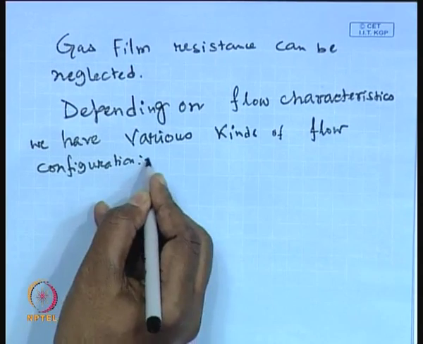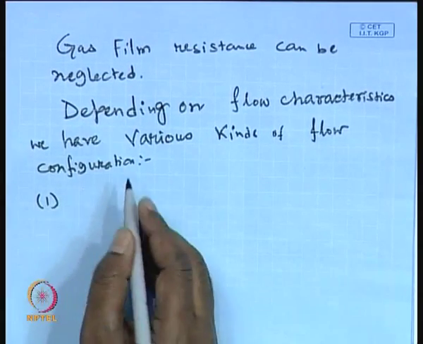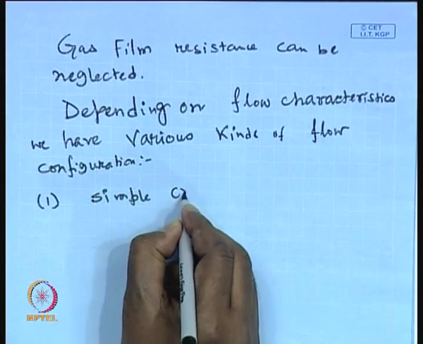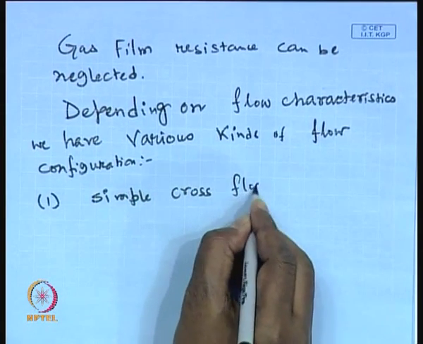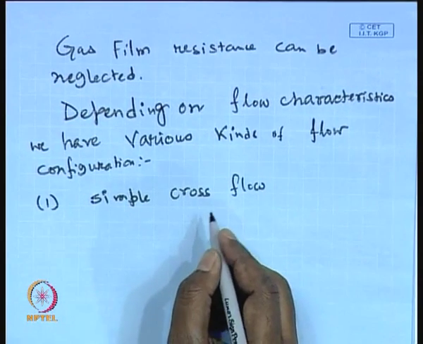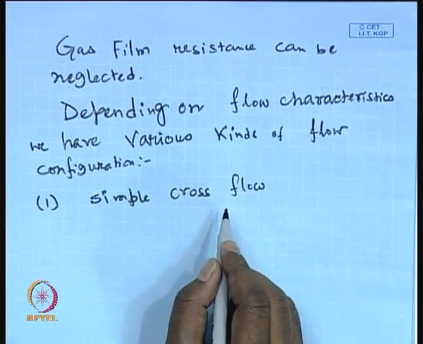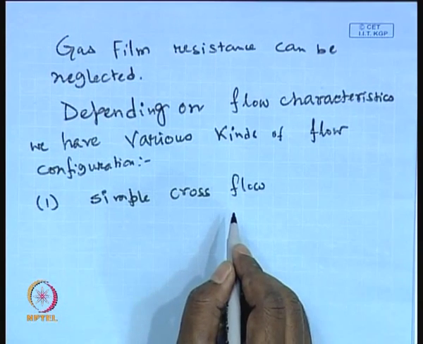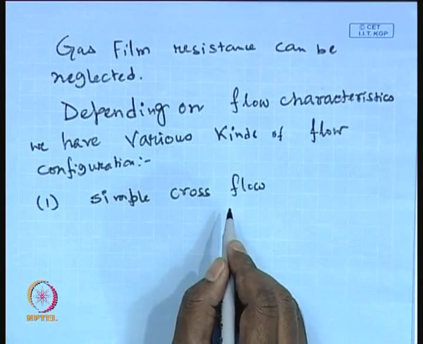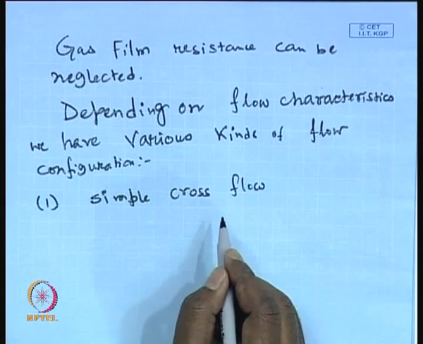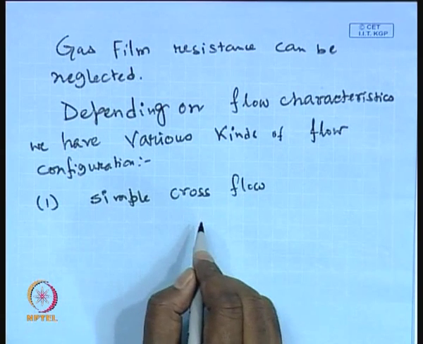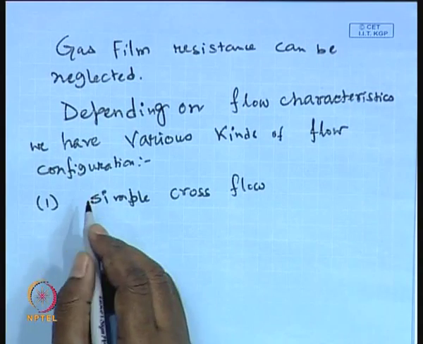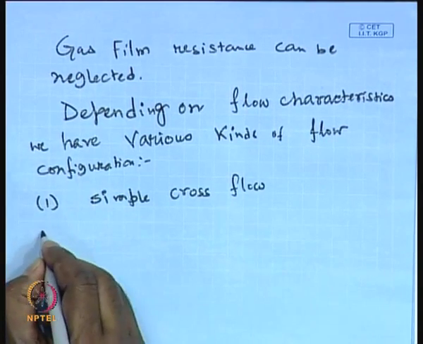What are these? Number one is simple cross flow. In the simple cross flow configuration, the gas will be fed in the feed side, and the permeate will come normal to the direction of the membrane in the permeate side. So, it is called a cross flow. That means the direction of the feed flow and the permeation direction of the species will be at 90 degrees. That is the simple cross flow configuration.